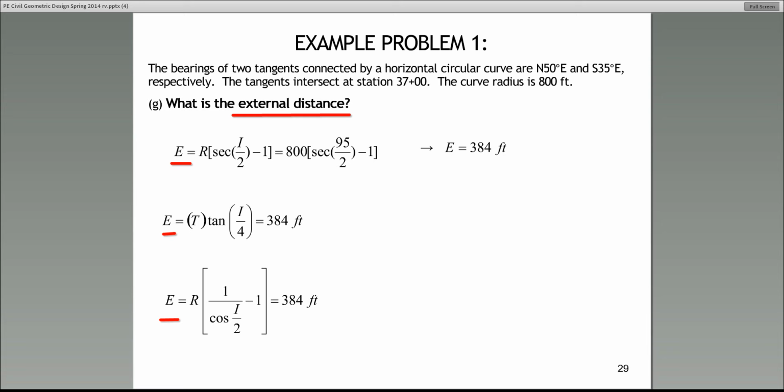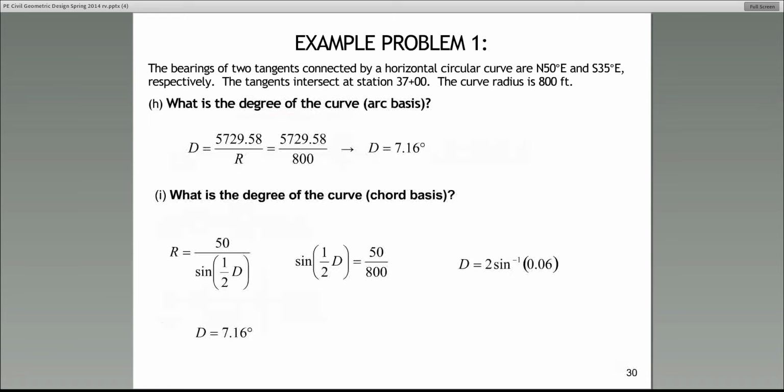So it doesn't matter which one you use. Just pick one. To demonstrate that all three give you the same answer, I did use all three, but you do not need to do that on the test. That would be like killing the same bird with three stones. Don't do that. Just pick one, and the answer is 384 feet.